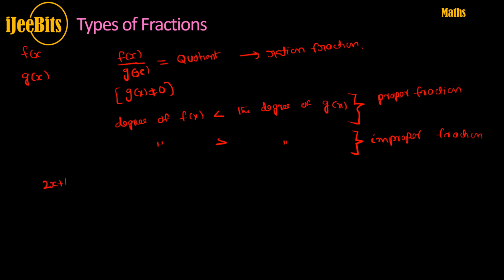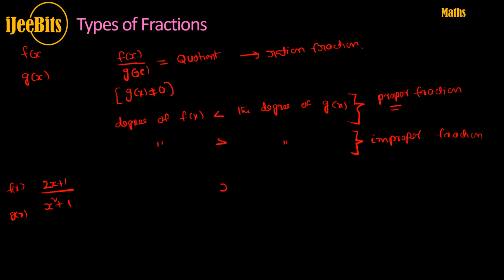Say for example, 2x plus 1 divided by x square plus 1. So look at the degree. If this is f of x and this is g of x, then the degree of f of x is lesser than the degree of g of x. In this case, this fraction is called a proper fraction.